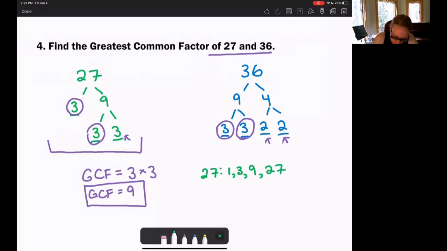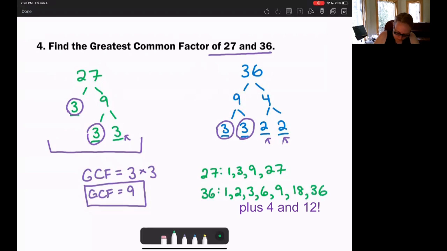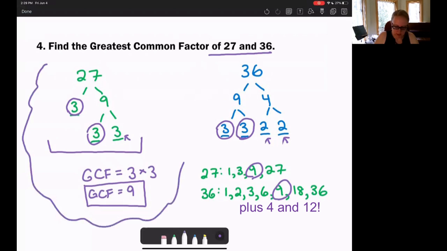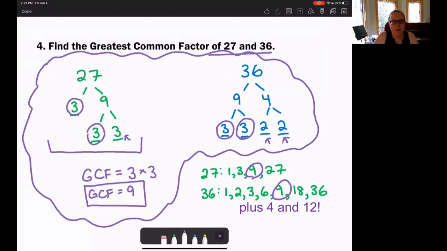And then if you look at the factors of 36, we've got 1, 2, 3, 6, 9, 18, and 36. And so you can see that the greatest one in common between those two is 9. This method with the factor trees just helps you to do that in, I think, an easier way. So happy factoring, and let me know if you have any questions.